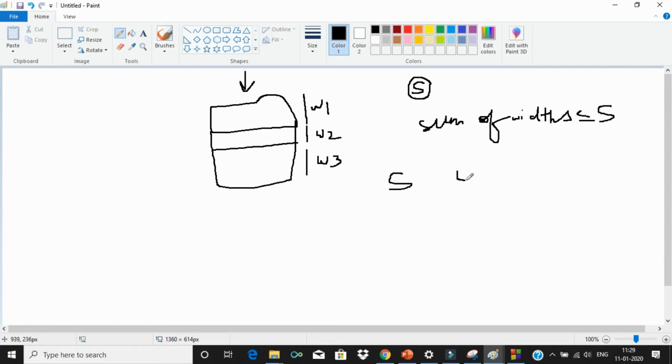She can break either W1, or W1 plus W2, or all 3, that is W1 plus W2 plus W3. When only W1 is broken, we are left with W2 and W3.